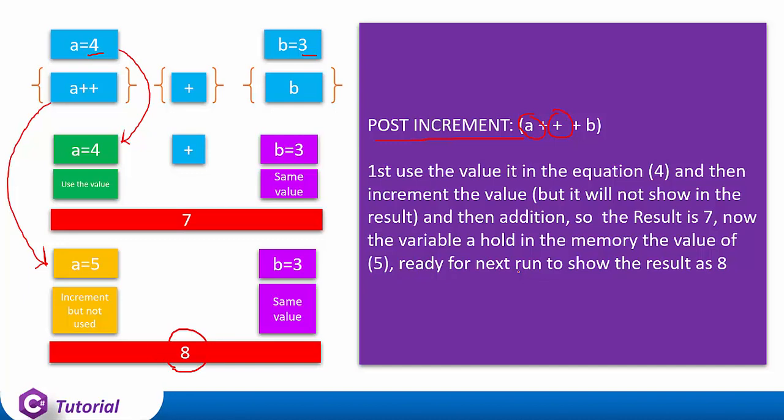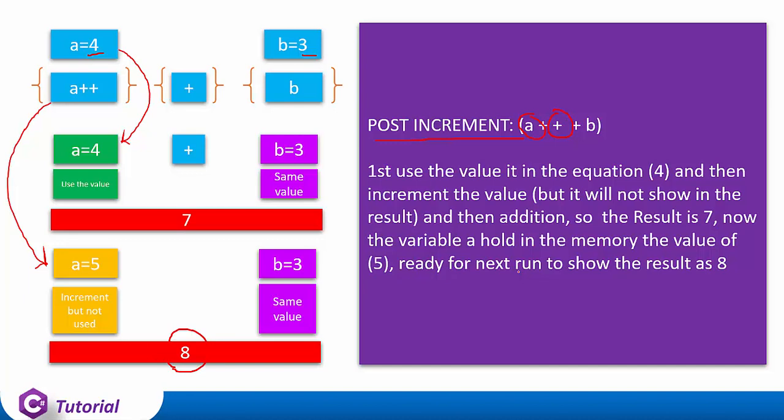So, as we said, a will come down this way because first we assign, so it will be 4 as it is, and then in the next iteration it will be incremented and it will become 8 if we print that.